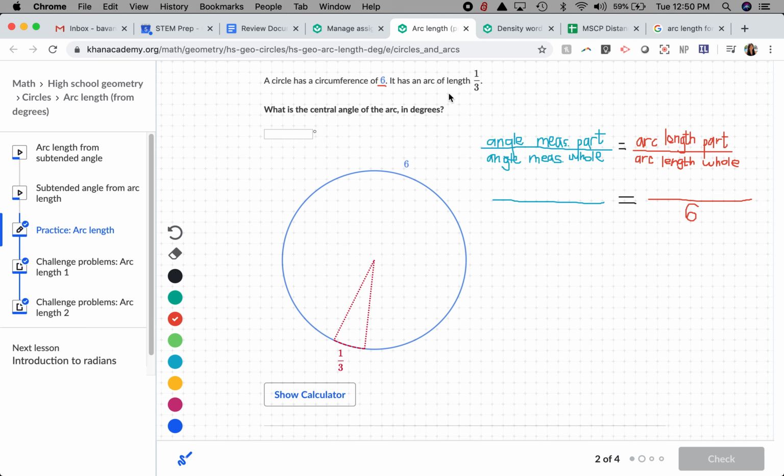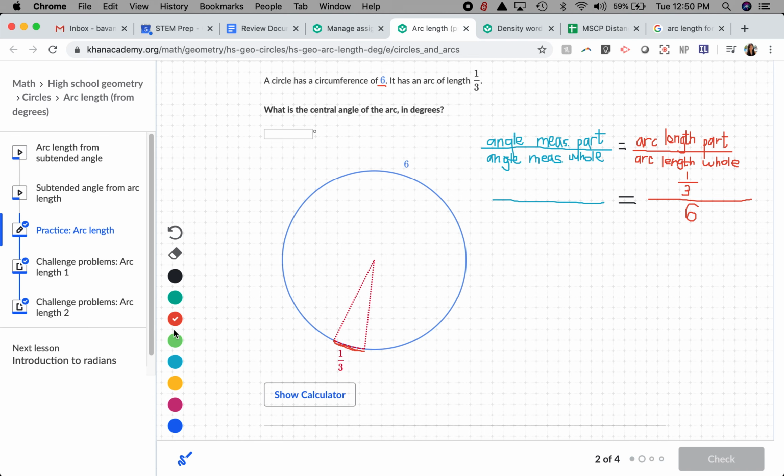The next thing we are given is that our small part here has an arc length of 1/3. So the arc length of the part, just the small part right here, is going to be 1/3. It might look a little bit funky right now because we have a fraction as our numerator, but we're going to simplify that in just a second to make things a little bit clearer for you.